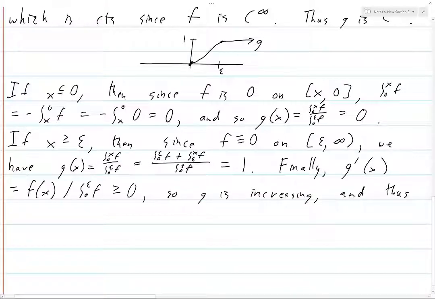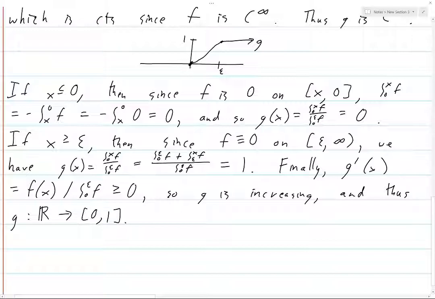And thus, g maps R into 0 to 1. Now, why does that follow? That follows because we know that g takes on 0 to the left of x equals 0, and g of x takes on 1 to the right of x equals epsilon.